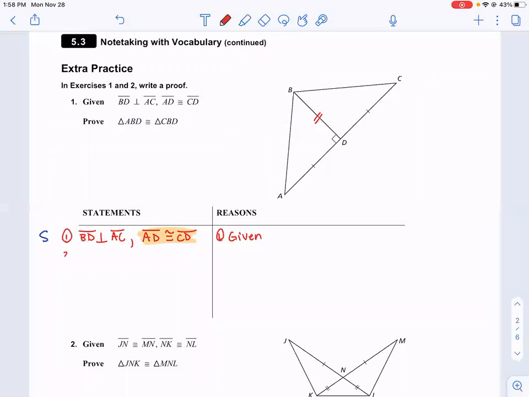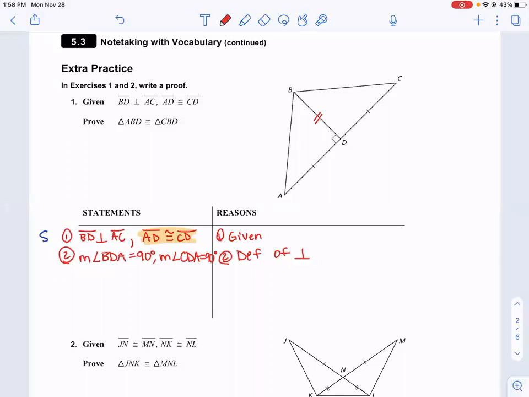Now, because BD and AC are perpendicular, what does that mean? So the measure of angle BDA equals 90 degrees, and the measure of angle CDA equals 90 degrees. How do we know that? How about the definition of perpendicular?